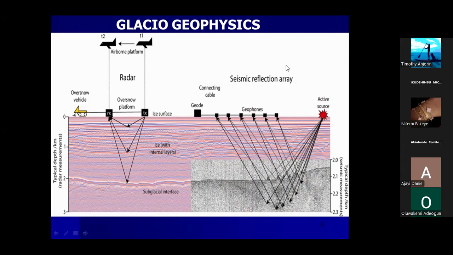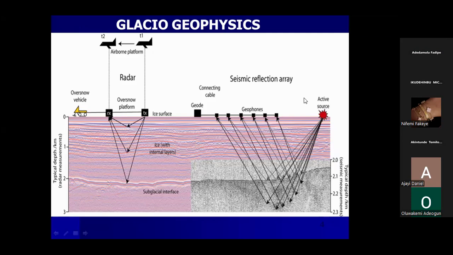Okay. So you have your active source, which will be your dynamite or your vibroseis. Your vibroseis is good because you can control the rate at which the energy is being detonated. Now this energy is detonated and it propagates into the subsurface.